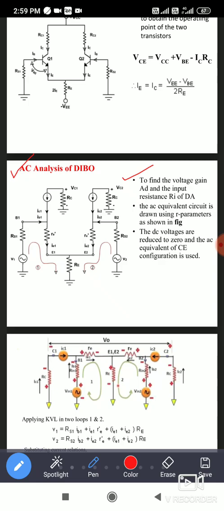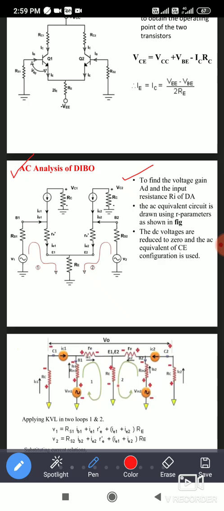Did everyone understand why we do the AC analysis? To find the input resistance Ri and the voltage gain of the amplifier, we have to do the AC analysis.